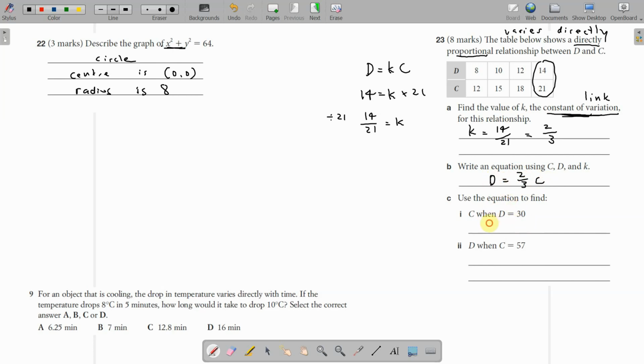So d equals 30. 30 equals 2/3 times c. So to simplify that, that's a multiply. We're going to do algebra, reverse the multiply by dividing by 2/3. Divide by 2/3.